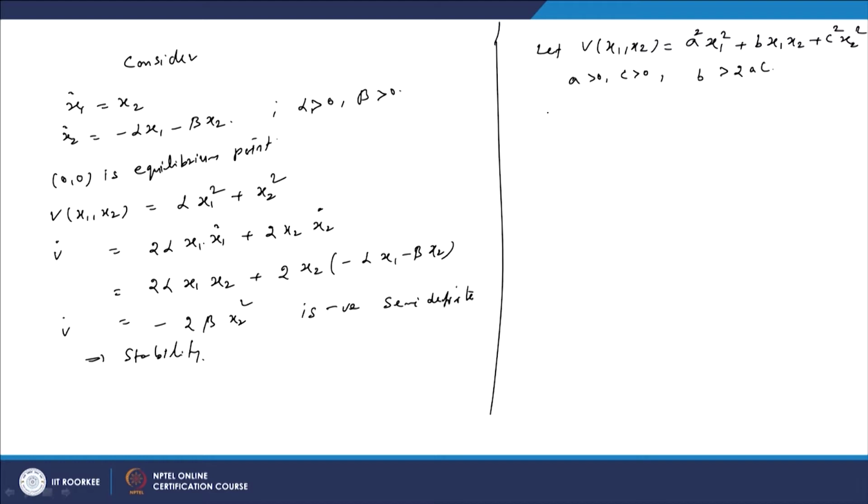Now, by differentiating this, dv by dt, we will get the expression a square into 2 times x1 dot plus b x1 x2 dot plus b x1 dot x2 plus c square 2 x2 x2 dot.